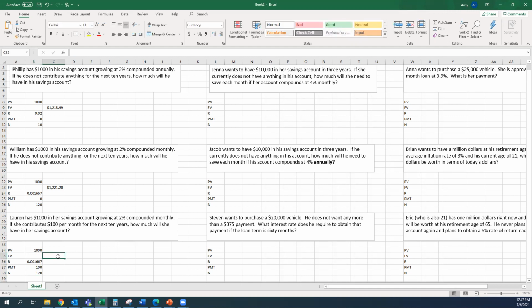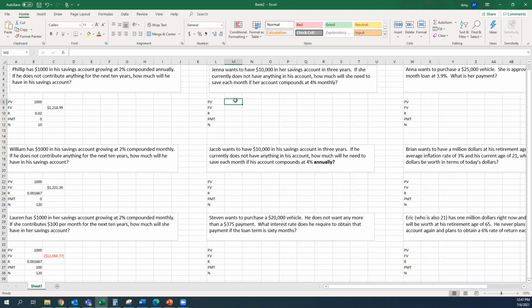So if we go over here and we do our future value, we're going to again click our rate, our NPER, our payment, and our absolute value. And that's going to give us $12,050.77. So just contributing $100 a month will give us quite a bit more money than what she would have had, or what William would have had per se, not contributing anything to his account.